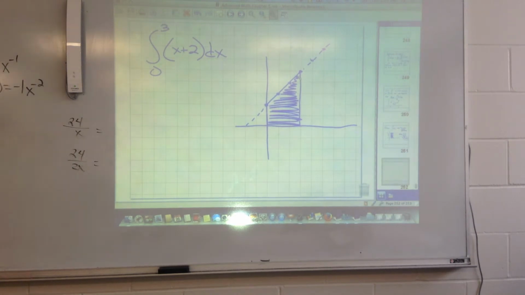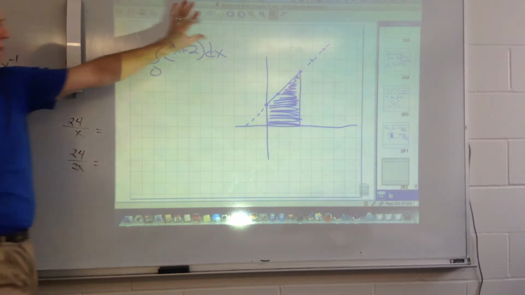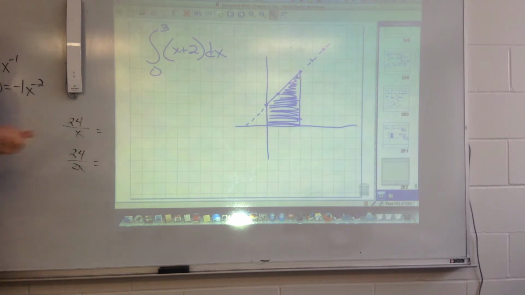So when you see this, this is what you are finding. You are finding the area under the curve x plus 2. I know it's not a curve, it's a line, but they will be eventually curves, all right? Finding the area under x plus 2 down to the x-axis from 0 to 3.